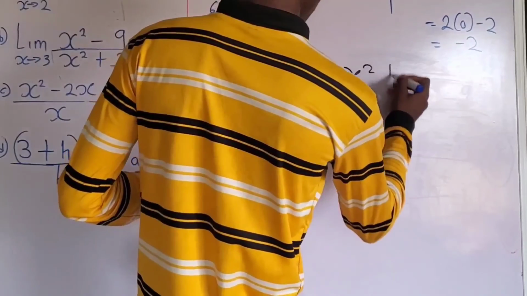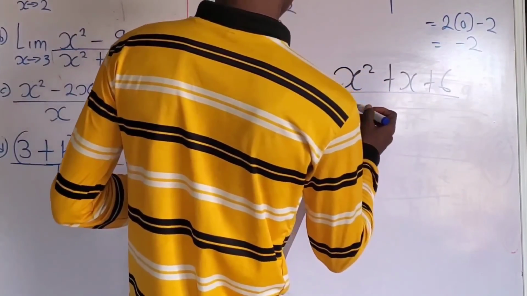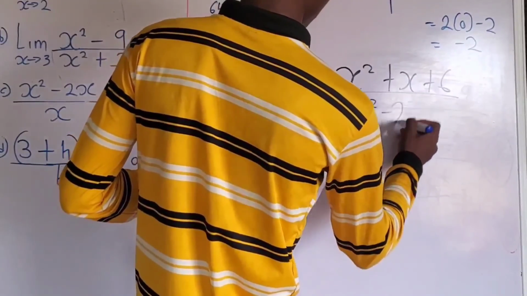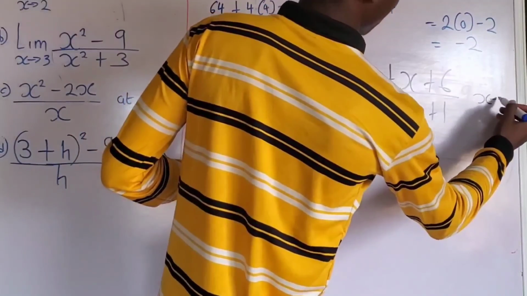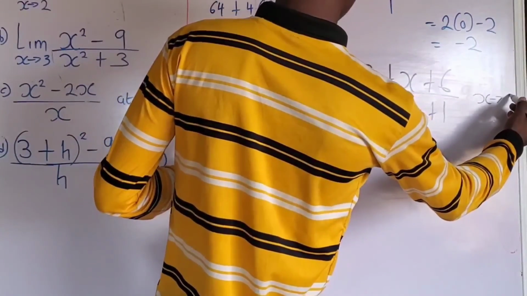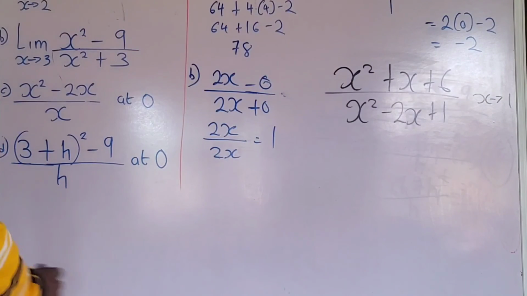X squared plus x plus 6 all over x squared minus 2x plus 1 at x tends to 1. I want to take the limit of this function as x tends to 1.